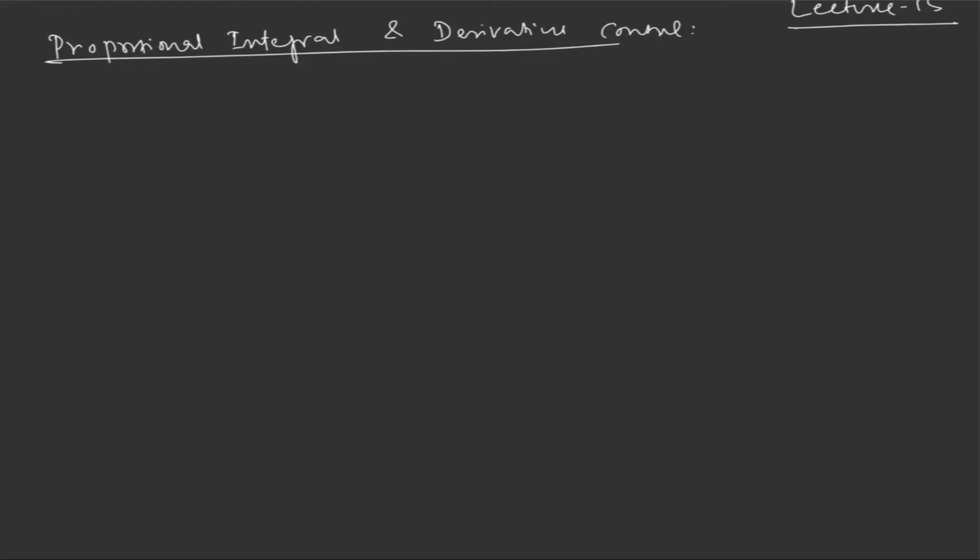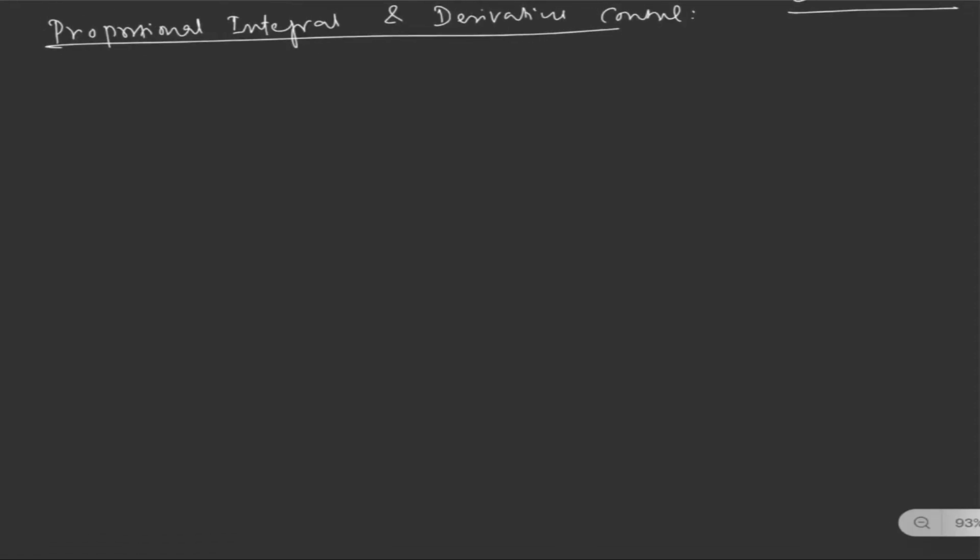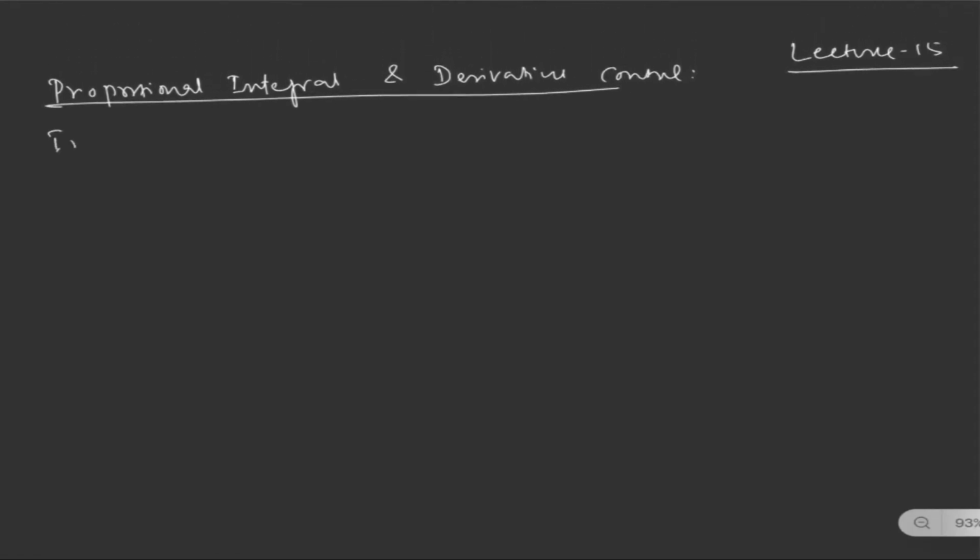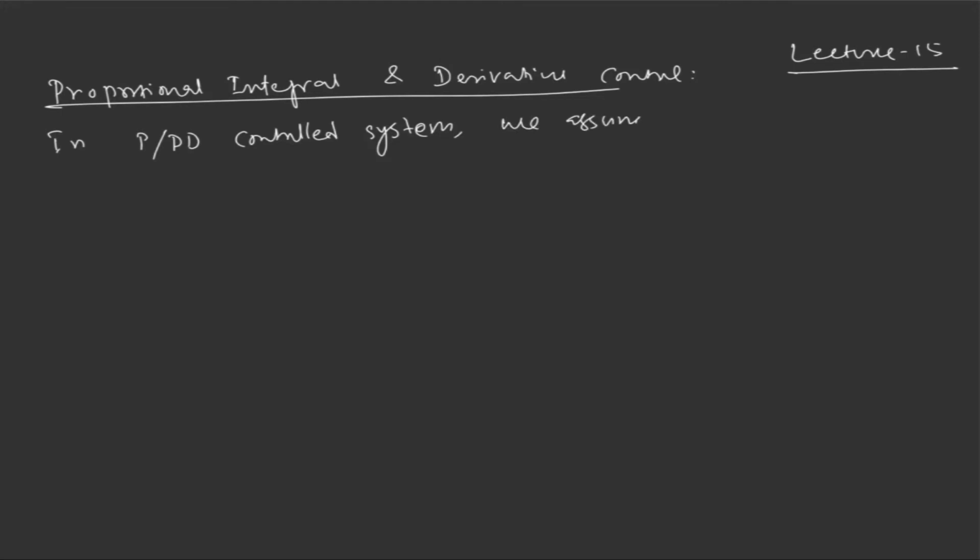So let me write, in P or PD control system, we assumed the disturbing moment or torque to be zero.